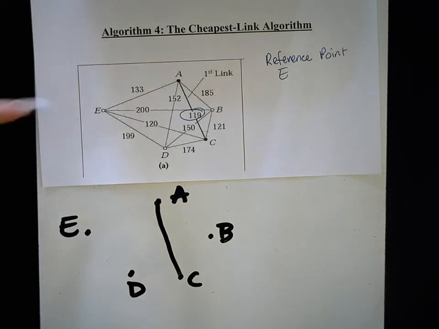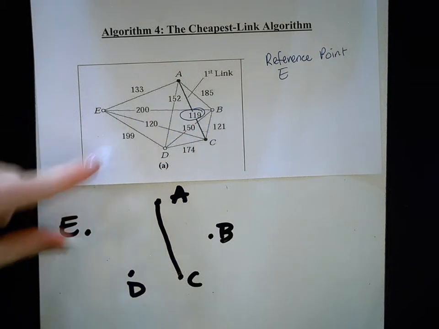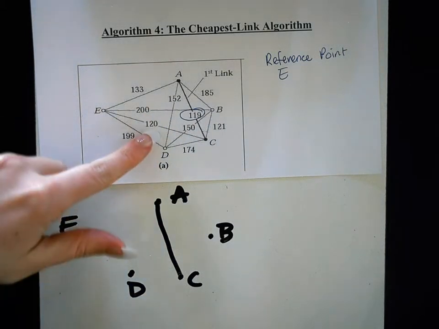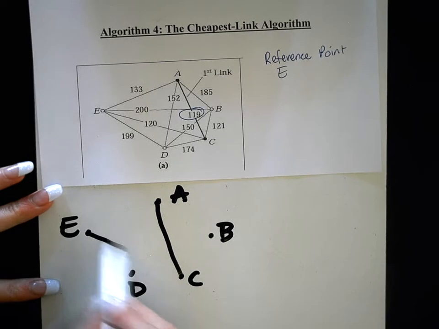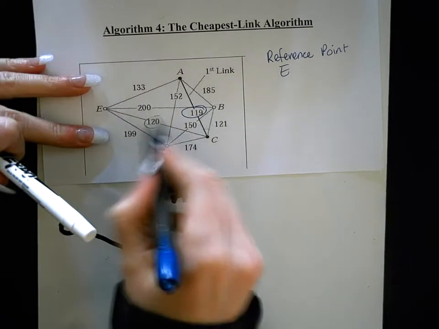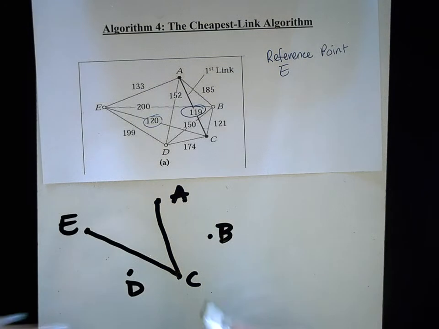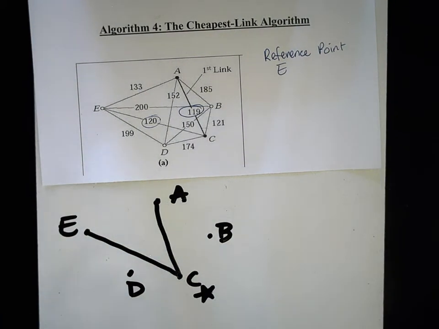The next number that is the smallest looks like 120, EC. And if you see, C is now closed. There's 2 edges coming out of C.